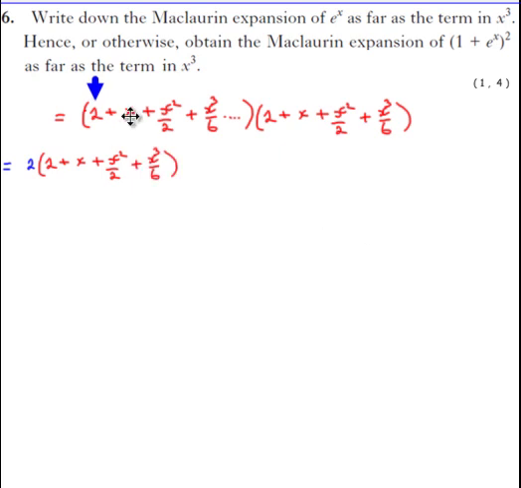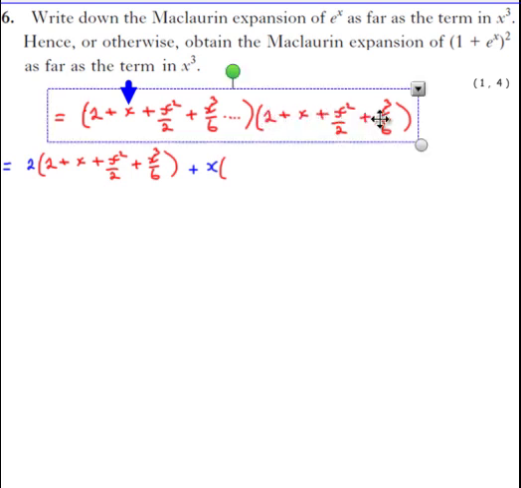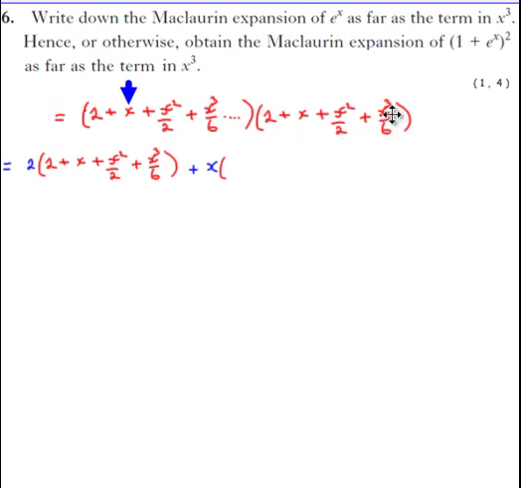We then move on to the second term in the first bracket, the x. Now, we won't multiply by every term, since if we multiplied x times the last term, that would give us an x to the 4, and we only want to go as far as x cubed, so only the first 3 terms in the second bracket will be considered.